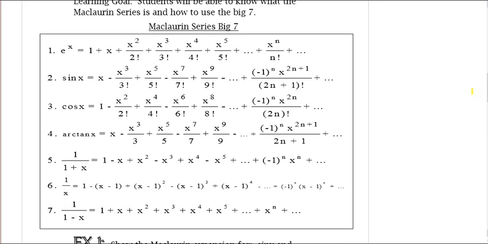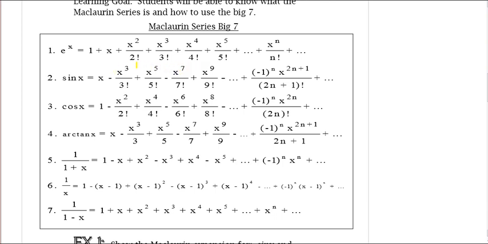Now, you can come up with these each time by doing the Taylor series and centering around 0. Or you can basically memorize. I know that's a bad word to you, but those of you that made it this far in mathematics know that using the Taylor is kind of long and tedious sometimes.